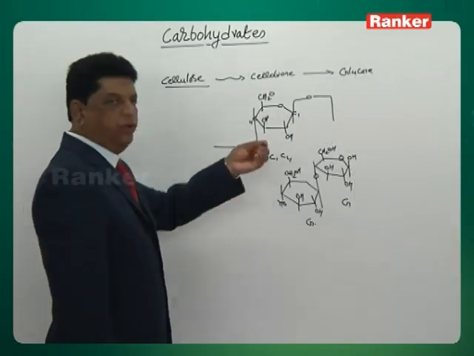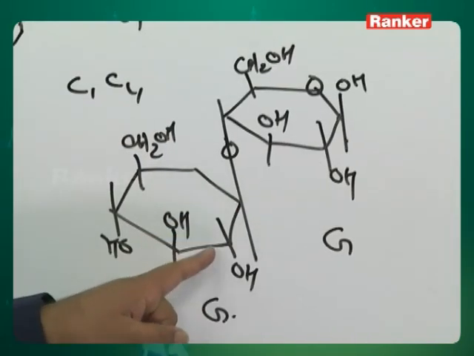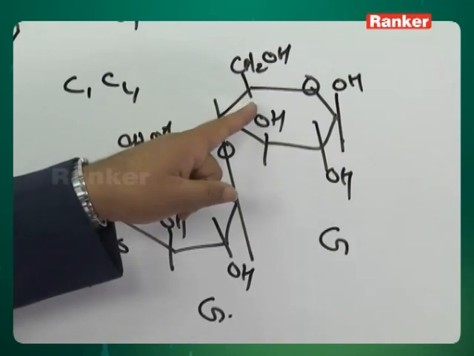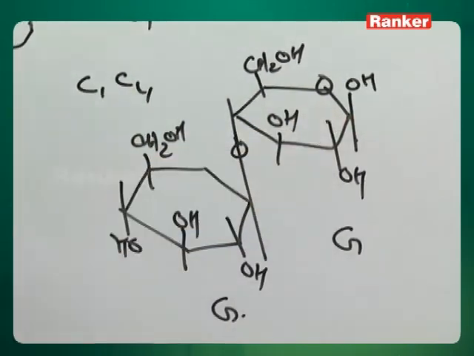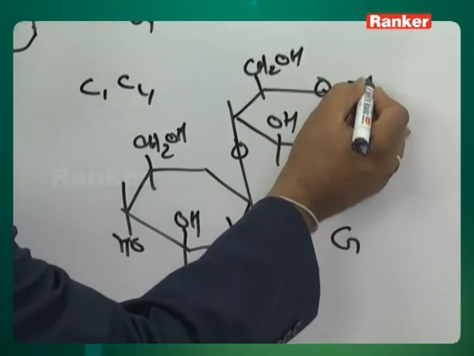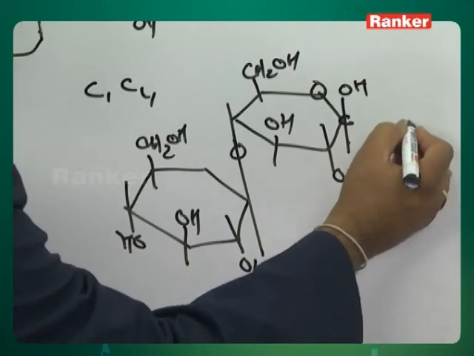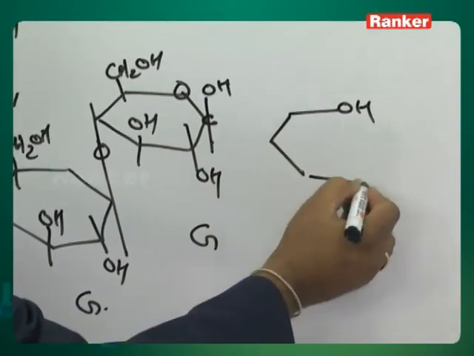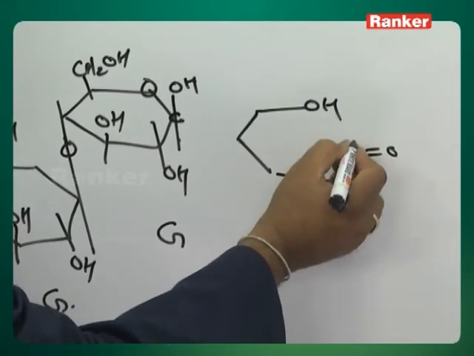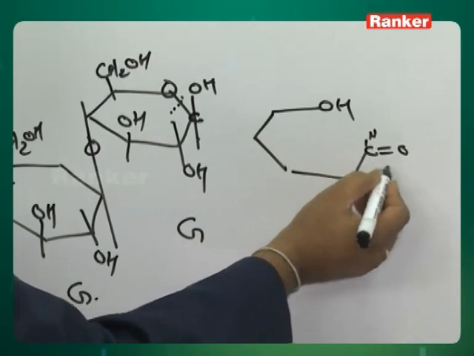When cellobiose is added to water, what happens? At this end the first carbon OH is linked to the fourth carbon, therefore it cannot open. But at the other first carbon, the anomeric carbon, the H can come back to the oxygen and it will become hydroxy, and this will become an aldehyde. So this particular opening gives you an aldehyde.